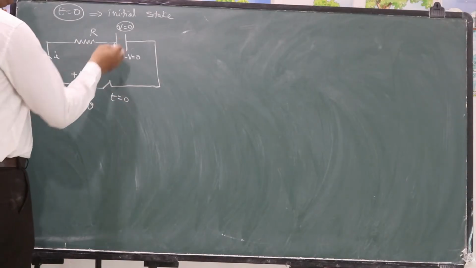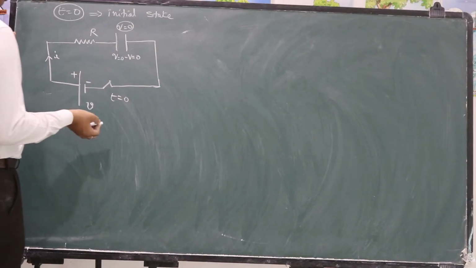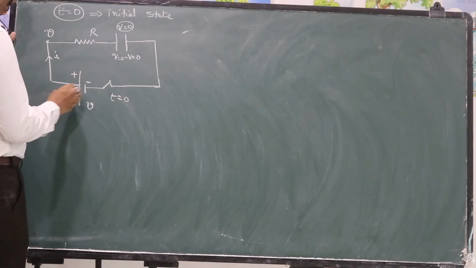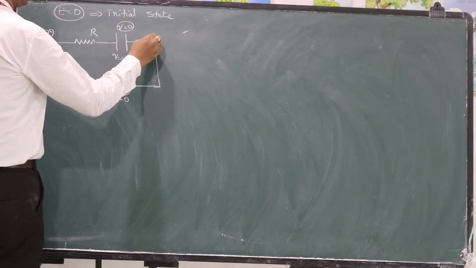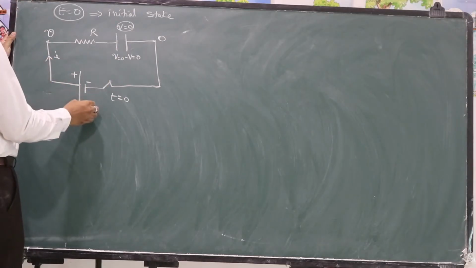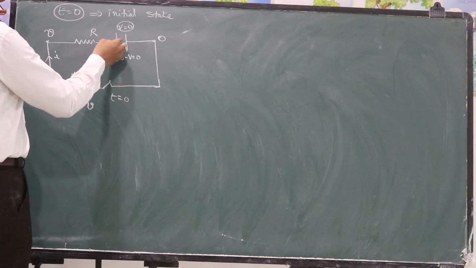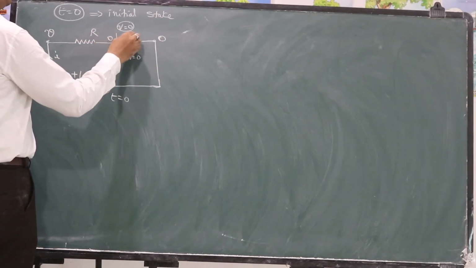So the potential difference between the two plates is 0. So here there exists a potential V as it is connected to battery positive. As it is connected to battery negative, let me take the potential as 0 because the potential difference should be V. V minus 0 is V. As no charge is available, both the plates are at the same 0 potential. So here 0, here 0.